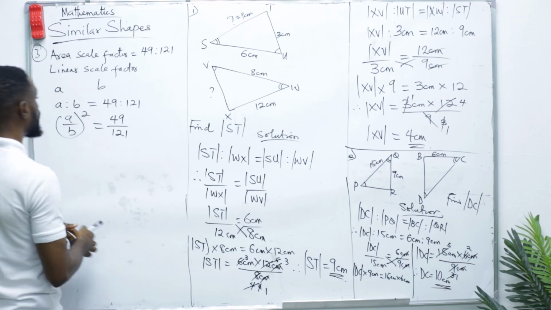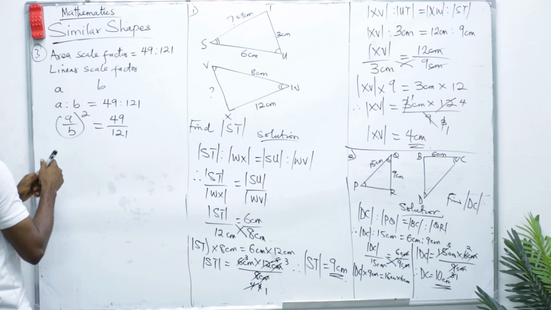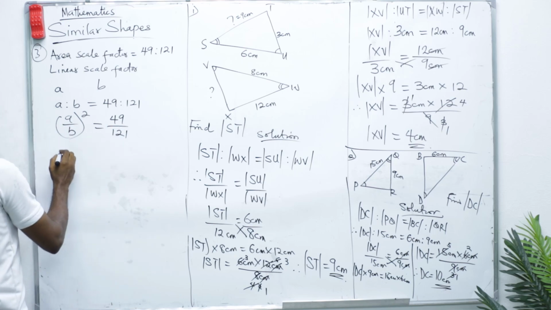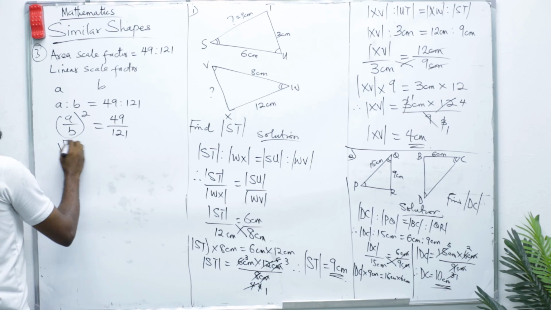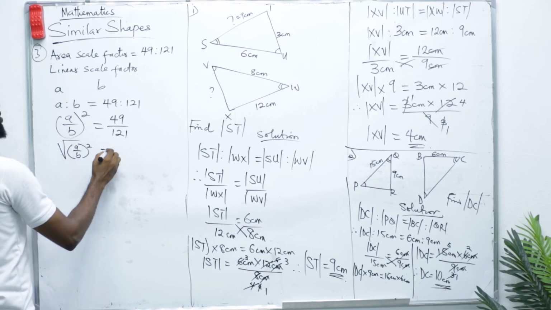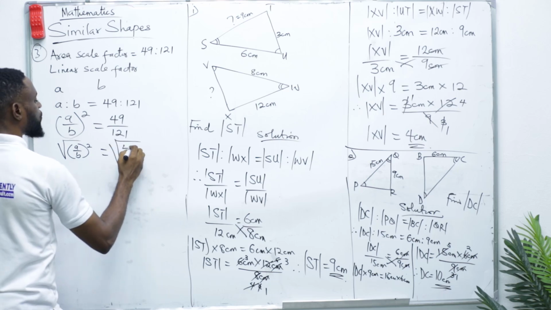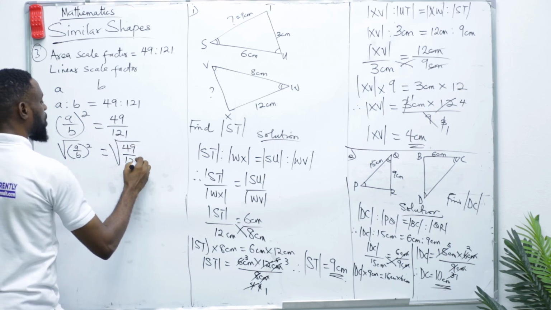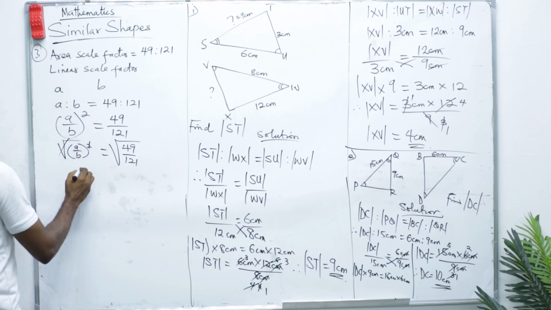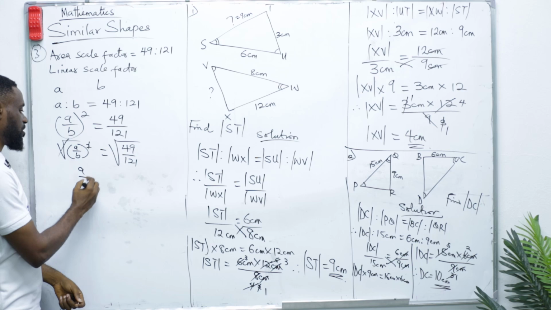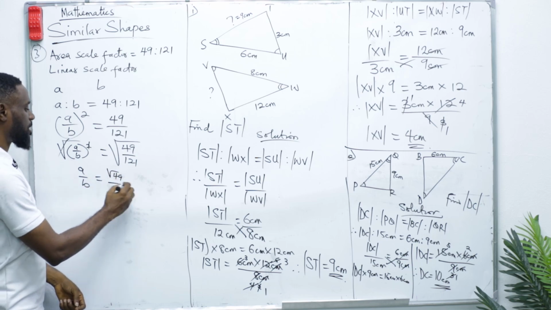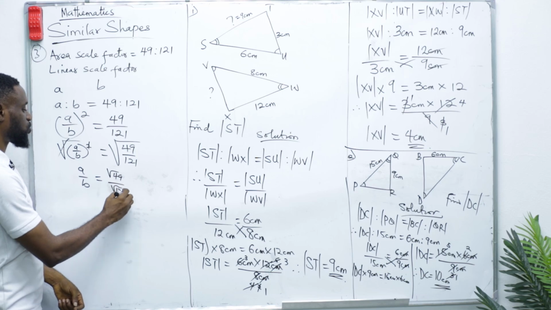So what do we do to now get this thing? We have to square root both sides. So if we square root both sides, we'll have square root of A over B is equal to square root of 49 all over 121. The square will cancel the square root. So it will now be A over B equal to root of 49 over root of 121.